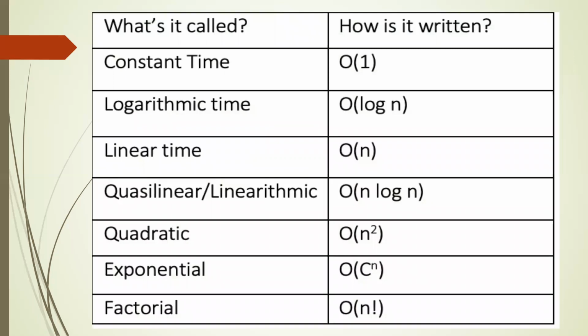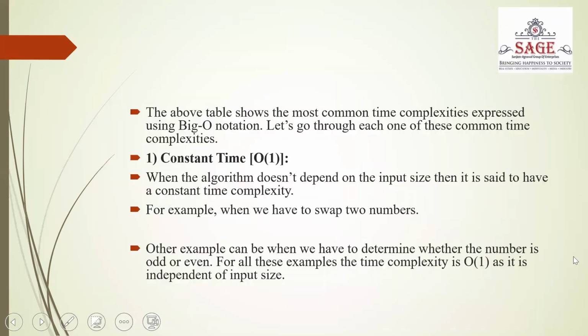Here is the chart where we have defined constant time, which is big O of 1, logarithmic time big O of log n, linear time big O of n, quasi-linear or linearithmic, that is big O of n log n, quadratic big O of n square, exponential, which can be written as big O of c to the power n, and factorial, which is represented by big O of n factorial.